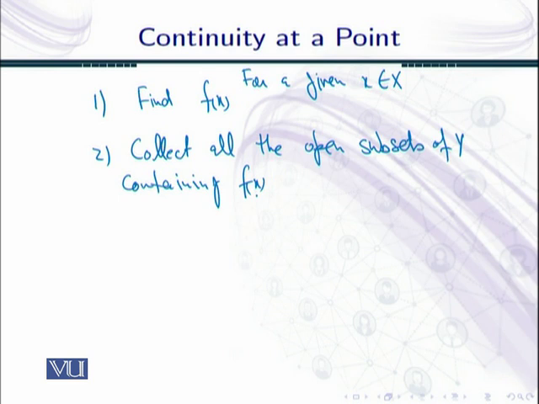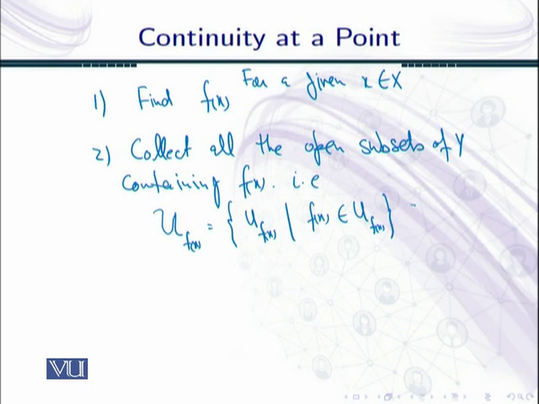That is, you have to write this class. I denote it as U f of x, and this class consists of the open subsets of Y containing f of x. f of x belongs to each U f of x, and this is a subclass of tau Y.